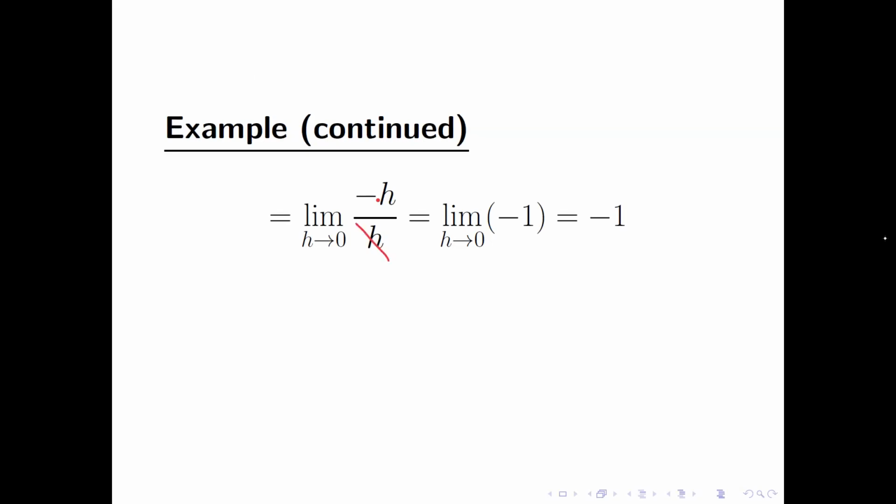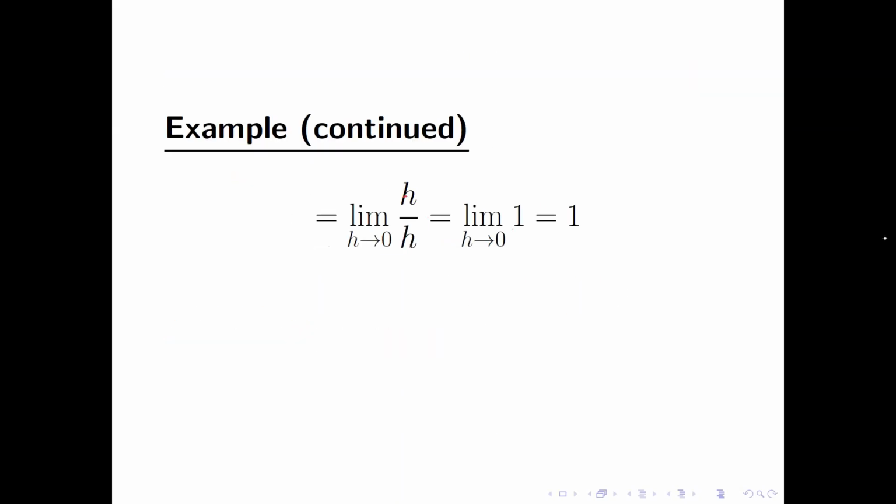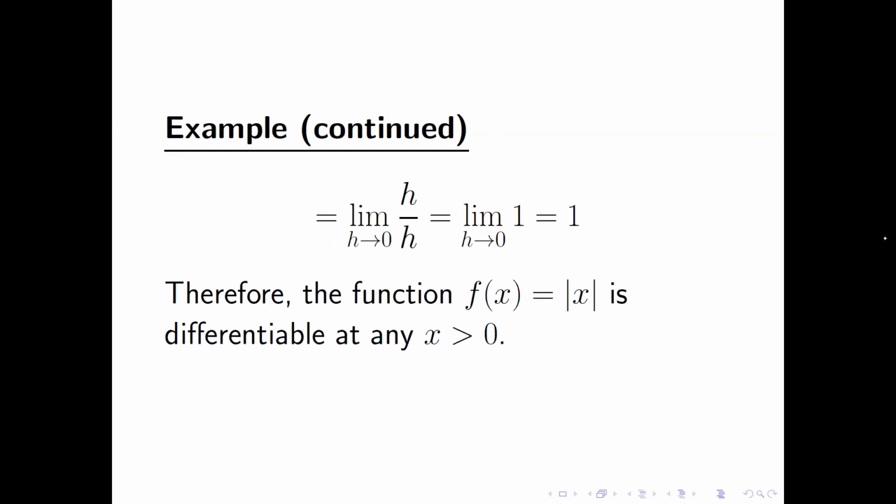One will see that this h and this h will divide, so we're left with minus 1. Again, we have seen from the previous section that this will give us minus 1 at the end of the day. So when x is strictly less than 0, our derivative is minus 1. When x is strictly greater than 0, our derivative is positive 1.